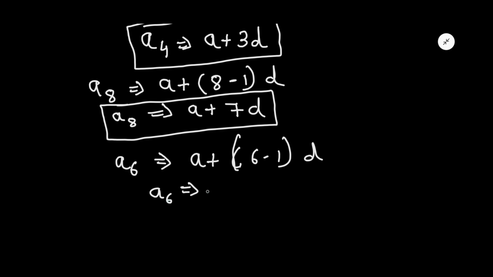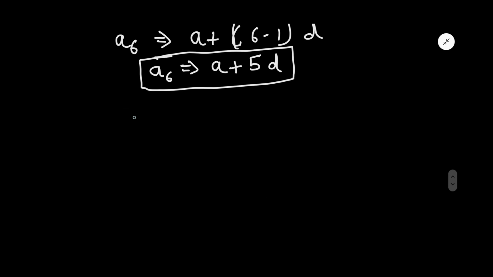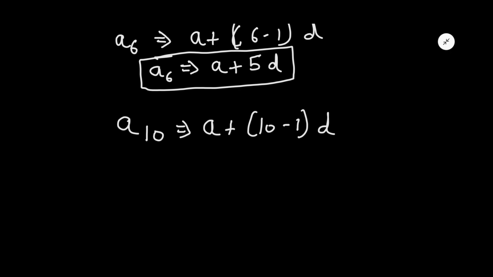So a6 is equal to a plus 5d. And a10 will be equal to a plus (10 minus 1) d. So a10 will be equal to a plus 9d.